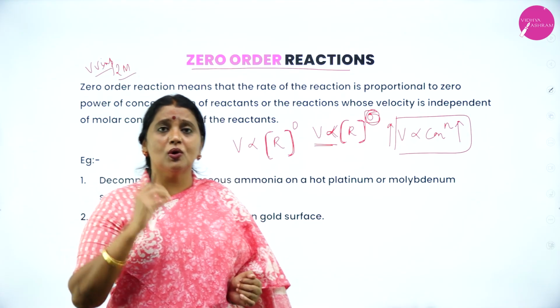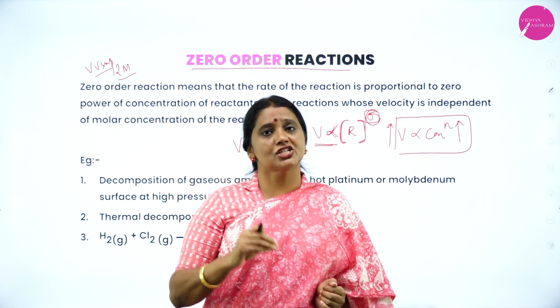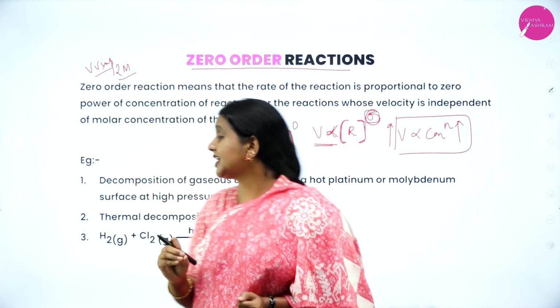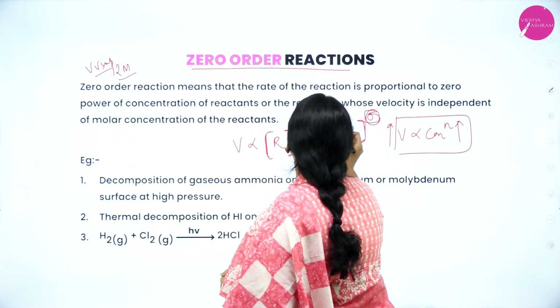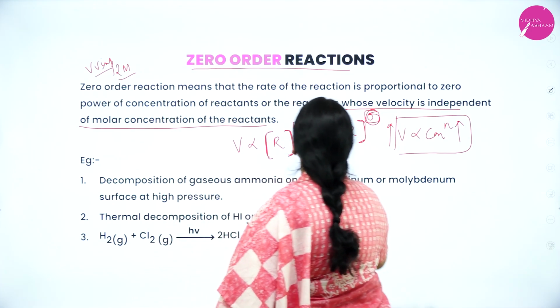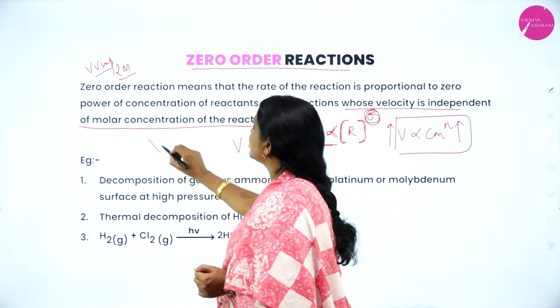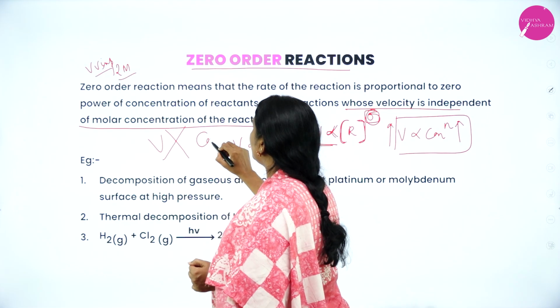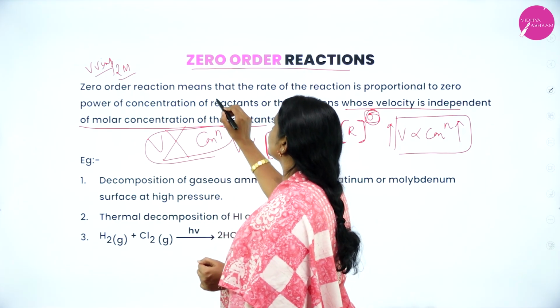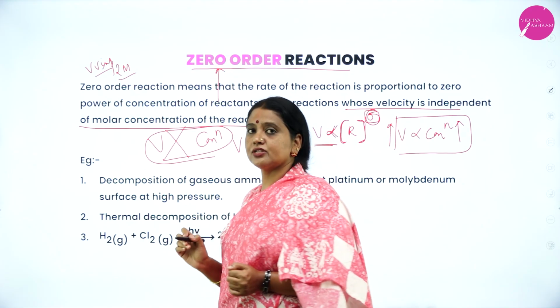Concentration. That means the velocity of a chemical reaction is directly proportional to concentration. But a few reactions are there whose velocity is independent of the molar concentration of the reactant. The velocity does not depend on concentration.